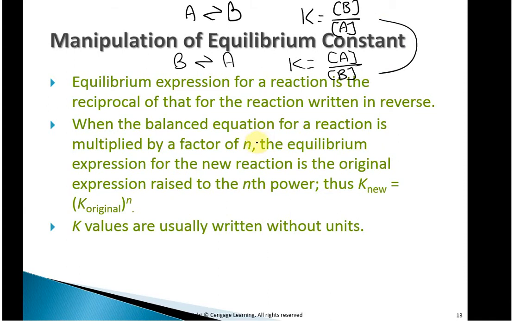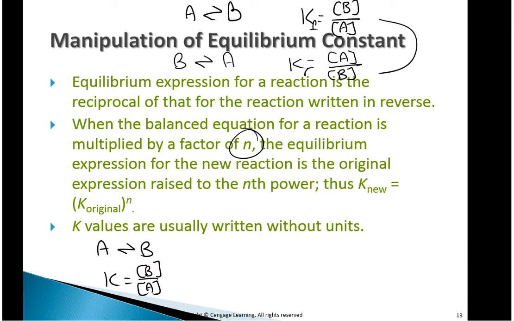So this is K forward, this is K reverse. Now, if we multiply the equation by something, let's consider again A going to B, where K is B over A. These brackets mean concentration. At some point I will get lazy and just write parentheses, but it does mean concentration in terms of molarity.